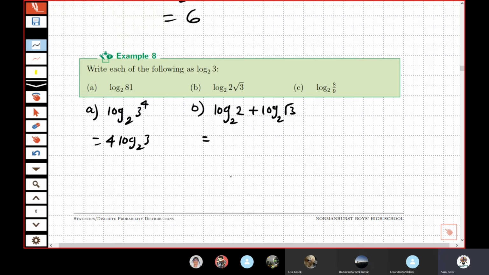You said it before. 1 plus. What are you going to do with the root? Square root. 3 to the power of? Half. Yeah, see? And then bring the half down and you're done. 1 plus half log 3s. Because you can only have it in terms of log 3. It does not log root 3.